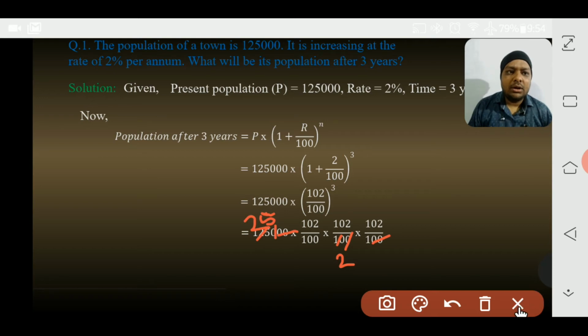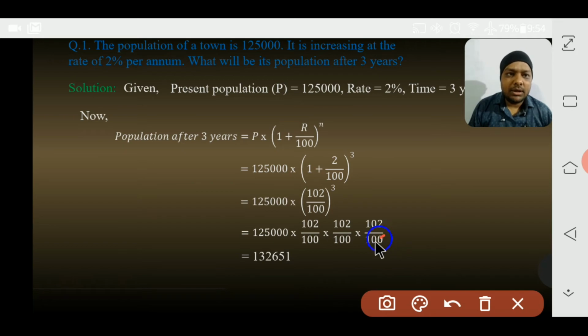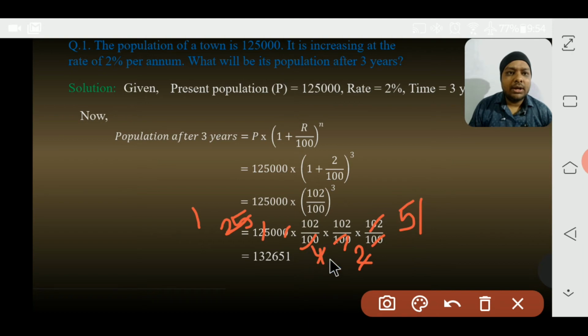Like this you can cancel. Again, 20 cancels, done. Then 5 times 25 is 125, and 5 times 2 is 10, 5 times 25, 4 times 25 is 100, and 25 times 1 is 25. Now again 2, then 51, and again 2 and again 51. It means 51 into 51 into 51.